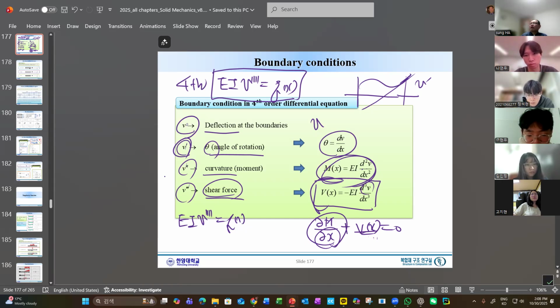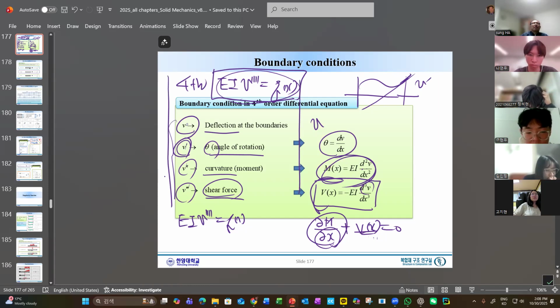The reason we are paying attention to this is that since the equation is given like this, we need to specify the boundary condition in terms of either V, V prime, twice, and three times. So this is just a mathematical representation, but mechanically we need to understand this.